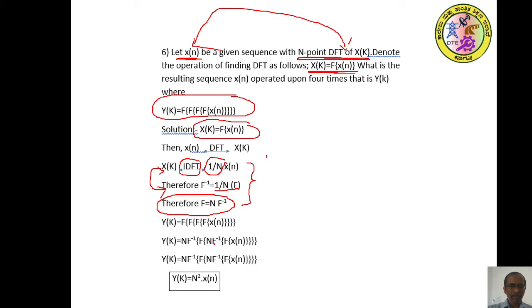The next F you replace with N into F inverse. Cancel F inverse F. Cancel F inverse F. And your answer will get multiplied two times, that is N square into x(n). See the beauty of this particular problem. If you apply DFT 4 times, your answer is N square times x(n), that is multiplied by N square, which is nothing but an amplified version of x(n).